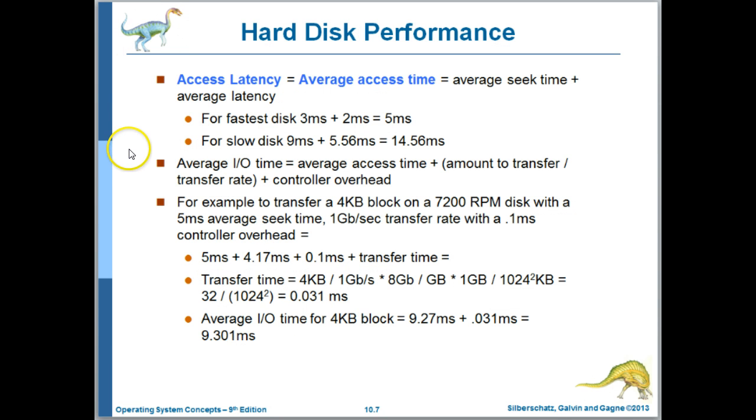All right, so here we see the average I/O time is average access time. As you can see, that's defined as average seek time plus average latency plus the amount of time to transfer the data, the amount to transfer divided by the transfer rate, plus any controller overhead.